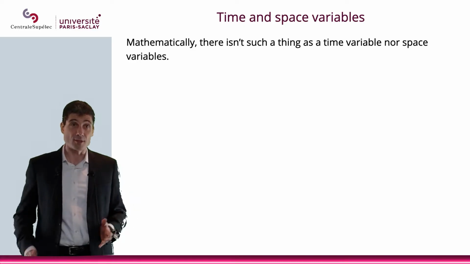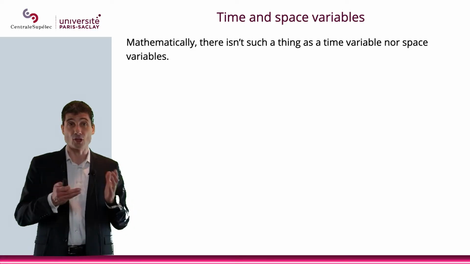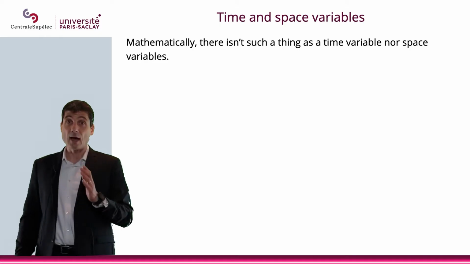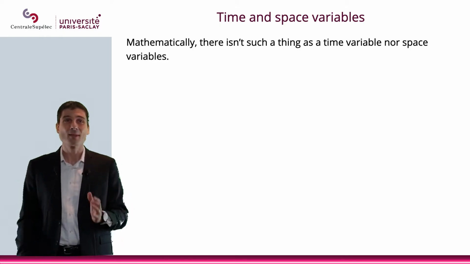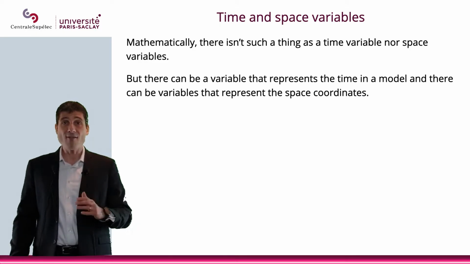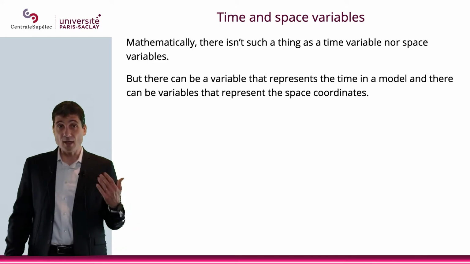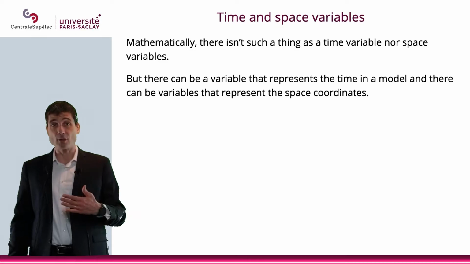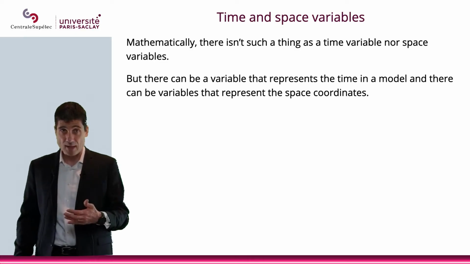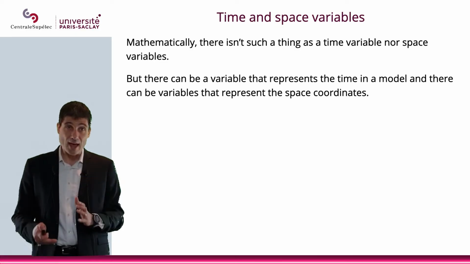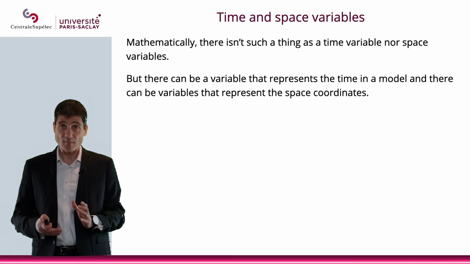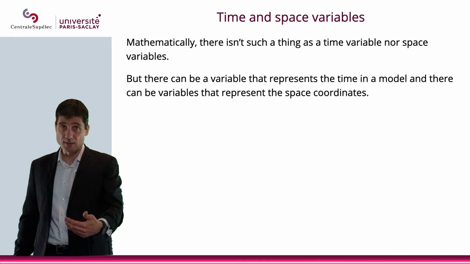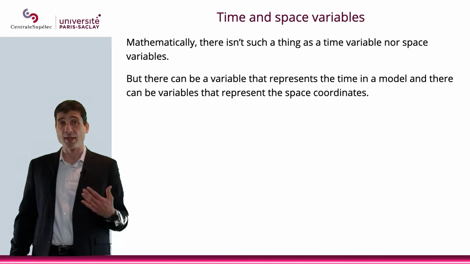There are variables, but it's not a mathematical concept. But we have variables that can model time, and we have variables that can model space. And when we observe a phenomenon that has reached an equilibrium, time no longer will play a role.